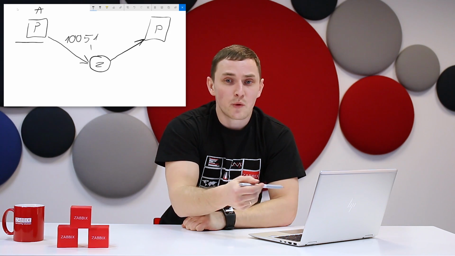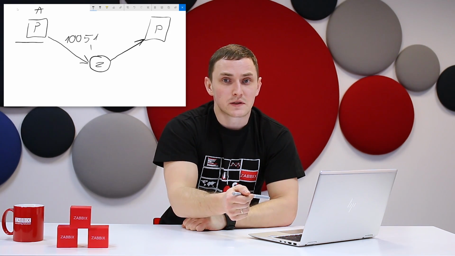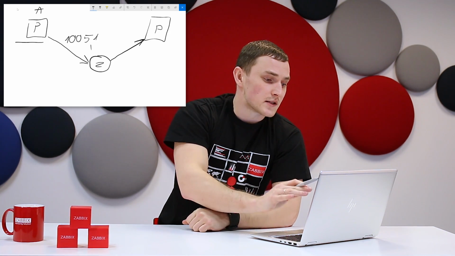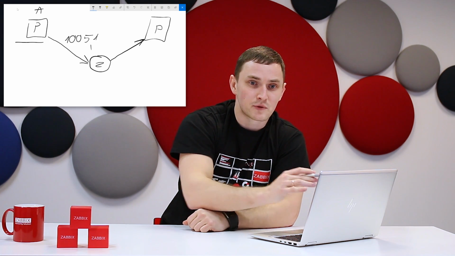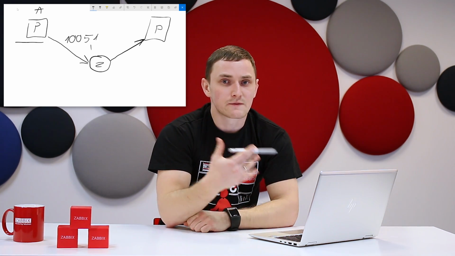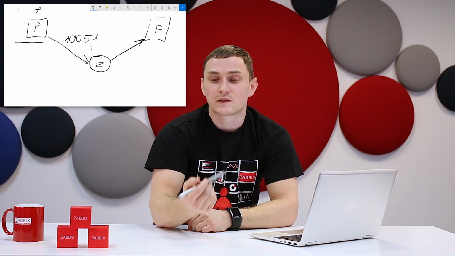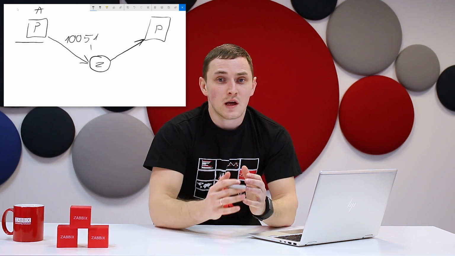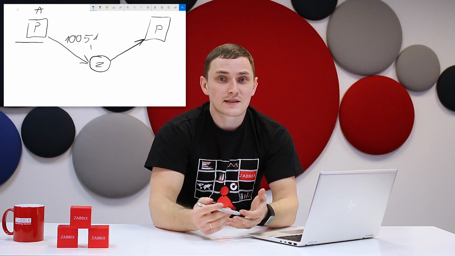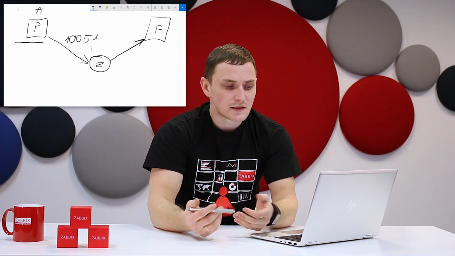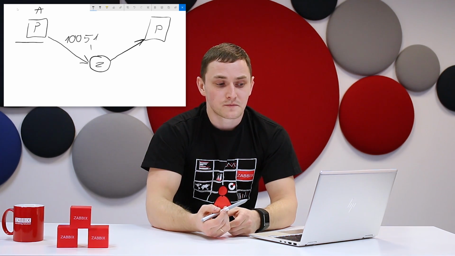What's the benefit? We offload our Zabbix server. All of the things are happening on the proxy. The proxy is responsible to collect the data from the agents, get the data from network devices, databases, applications, some web pages, and then simply send already gathered data to the Zabbix server.